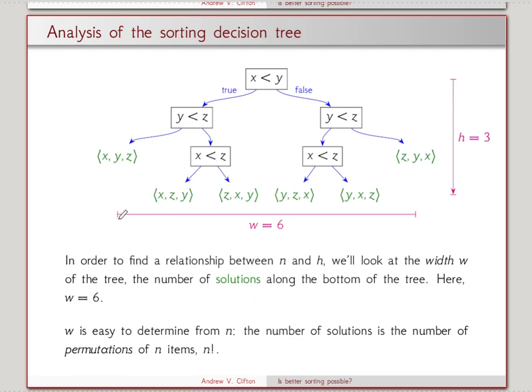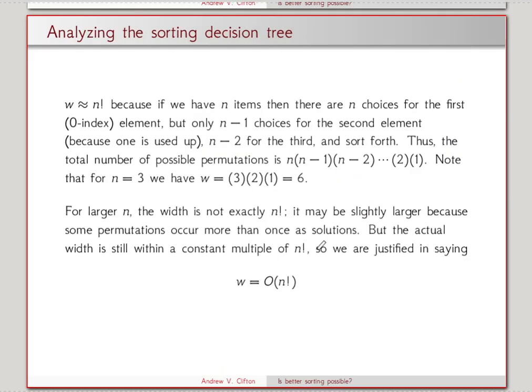We're going to start by looking at the width of the tree, the number of answers along the bottom of the decision tree. In this case, the width is 6. The width is pretty easy to determine from n. It's basically just the number of permutations, n factorial. If we're trying to figure out all the permutations, there are 3 choices for the first spot, then only 2 choices for the second spot, and only 1 choice for the last spot.